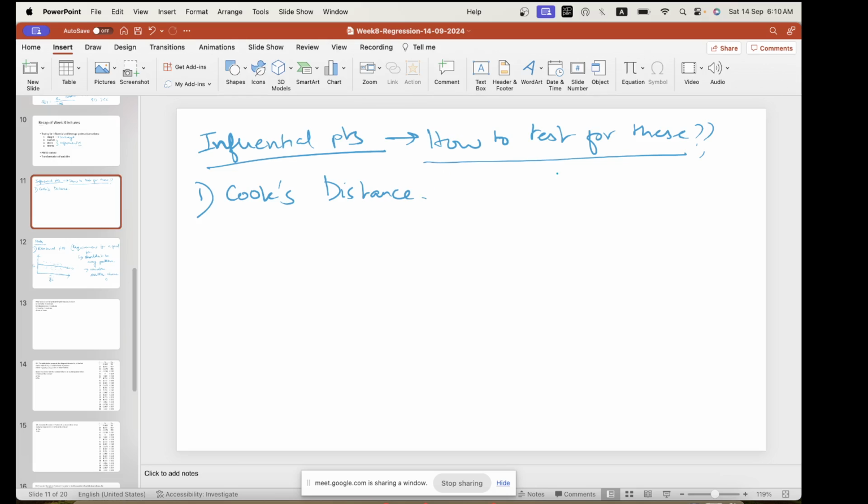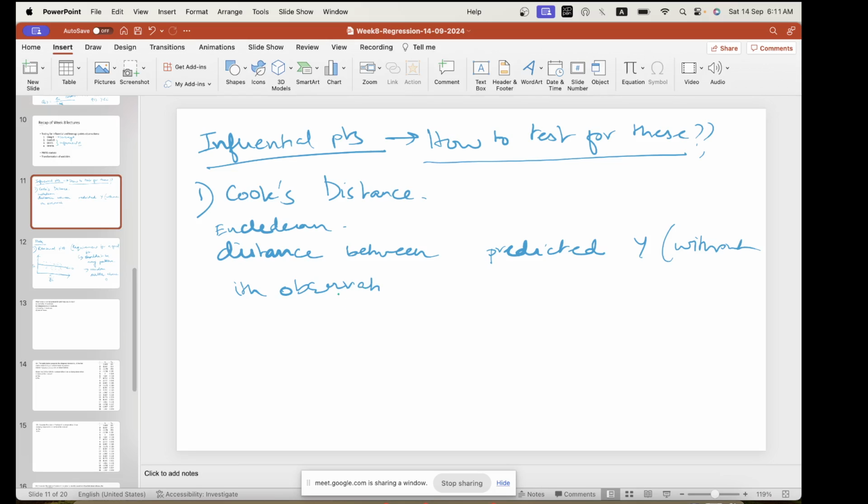So Cook's distance is nothing but finding out the distance, by distance I mean the Euclidean distance, between predicted y without the ith observation and predicted y with the ith observation.